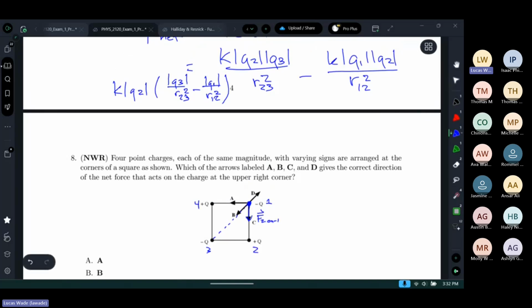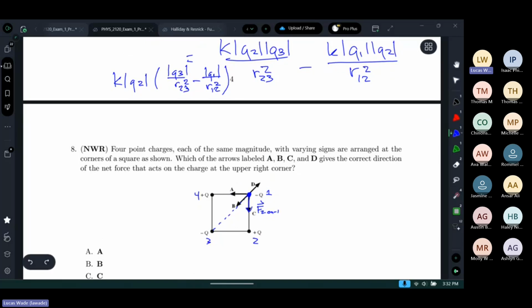Lots of justifications for that, but since this is the hypotenuse of that triangle, it's the longest side. And that means the force 3 exerts on 1 is a little bit weaker than the force 2 exerts on 1. And then the force that 4 exerts on 1, it's going to attract charge 1. So it'll look like that.